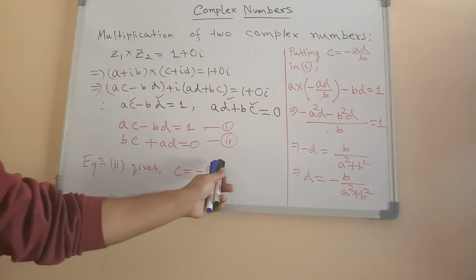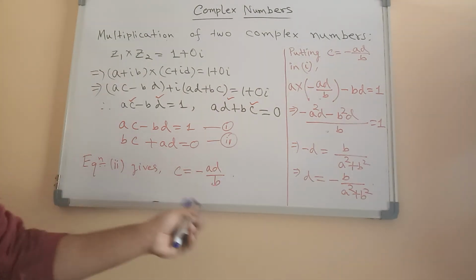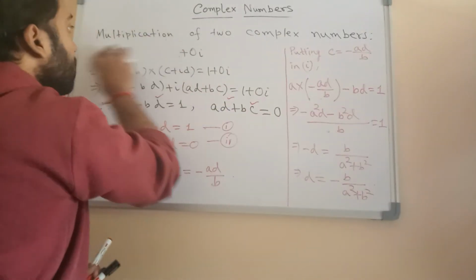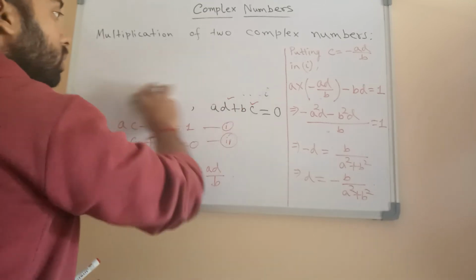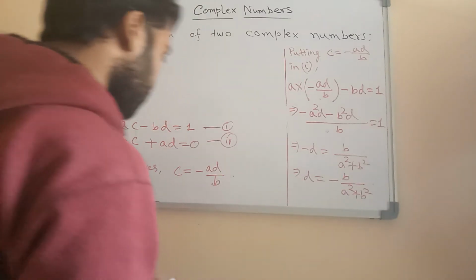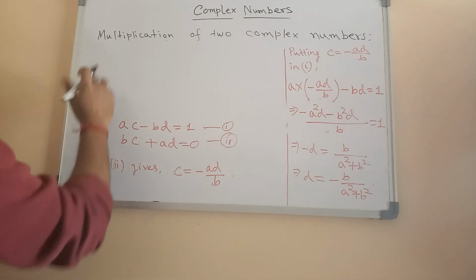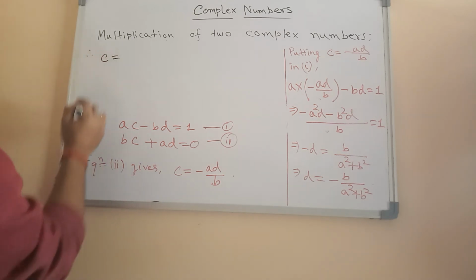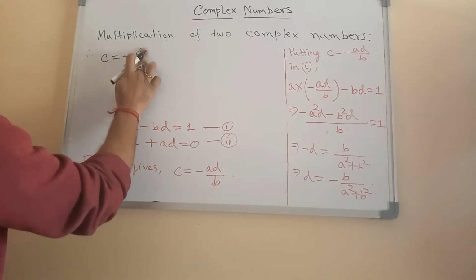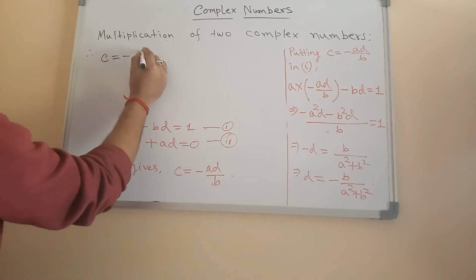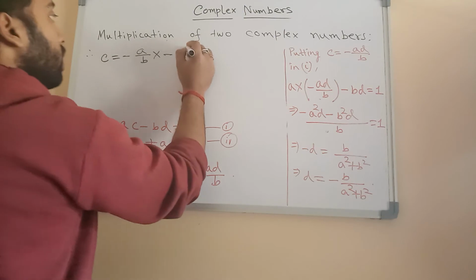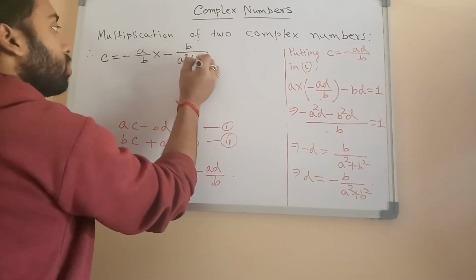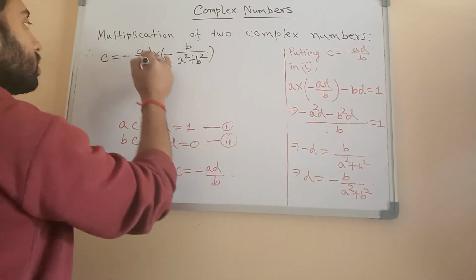So by putting D here, we will get the value of C. Therefore C equals to minus A by B into minus B by A square plus B square.